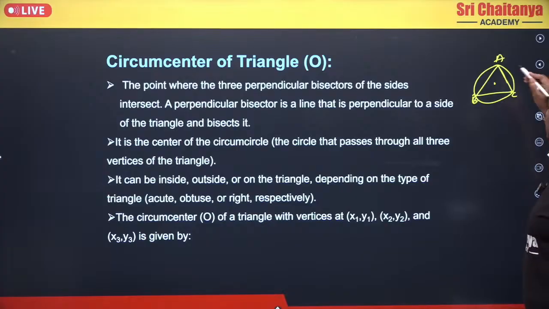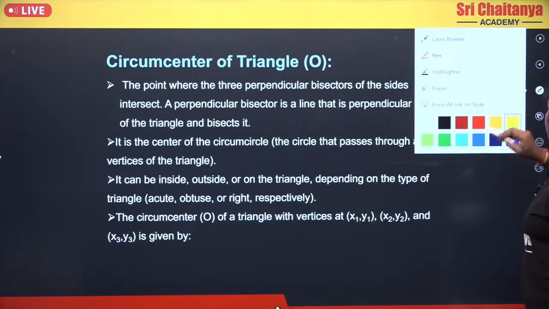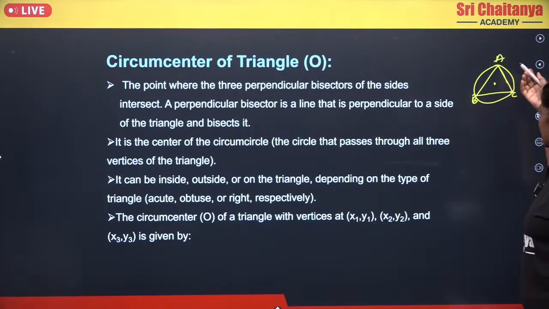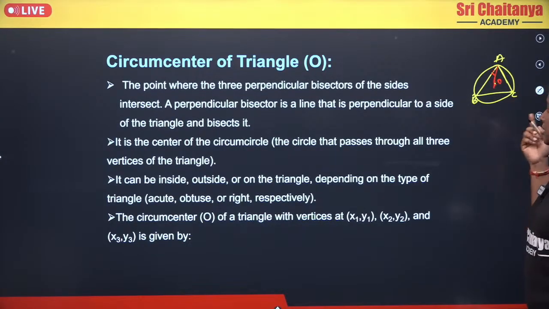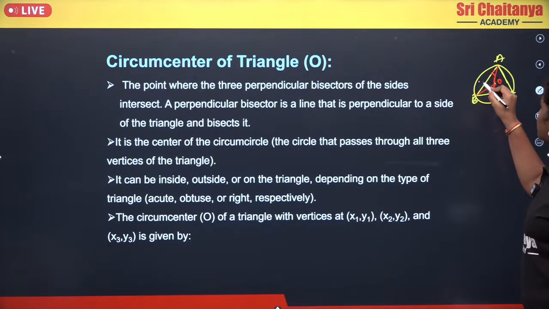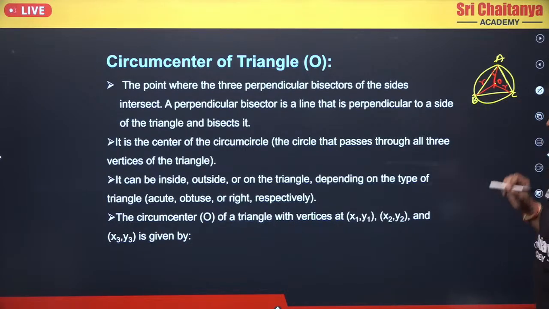If you observe clearly, I am considering the circumcenter as O. Then OA will become the radius of that circumcircle, and OB is also a radius, and OC is also a radius.